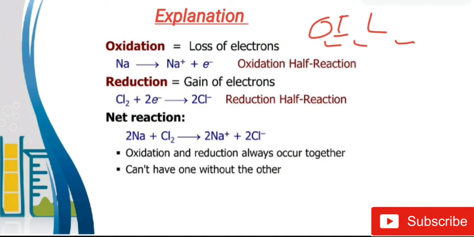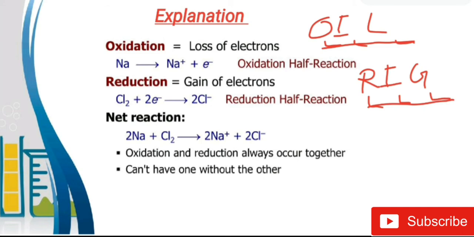And remember RIG: reduction is gain of electron. So please remember these two keywords for oxidation and reduction. OIL means oxidation is loss of electron, and RIG means reduction is gain of electron.